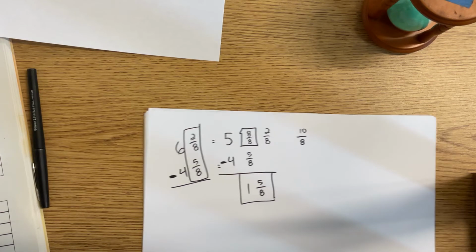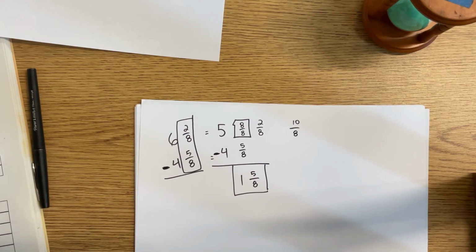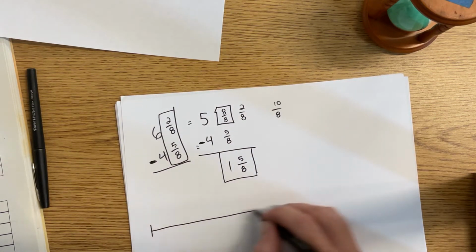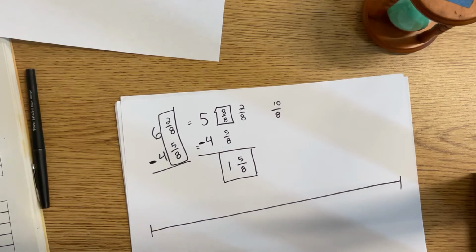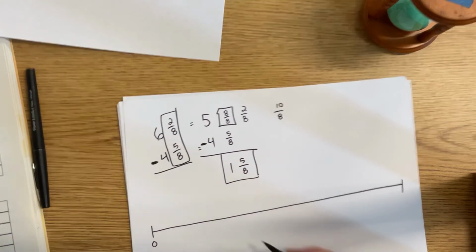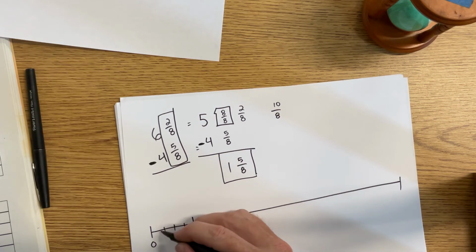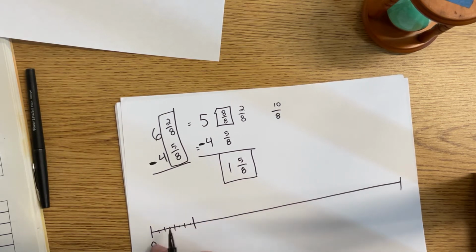I just realized people who really like number lines, you could probably show your thinking something like this. If you really wanted to, 0, but you have to do eighths, which is half, quarter, eighths. So that's 1.